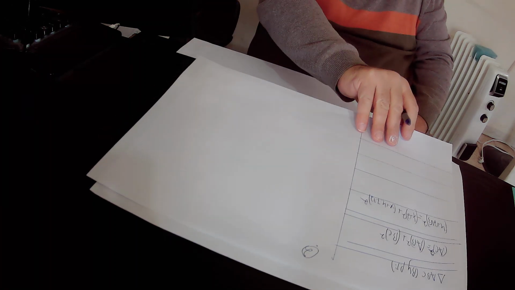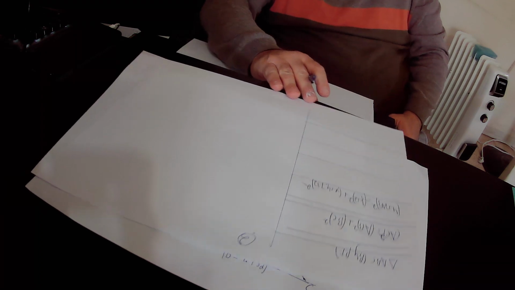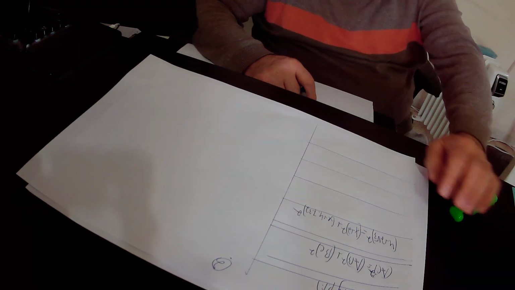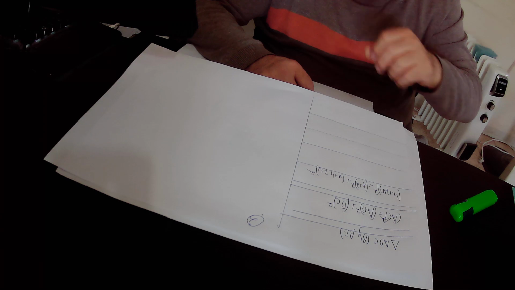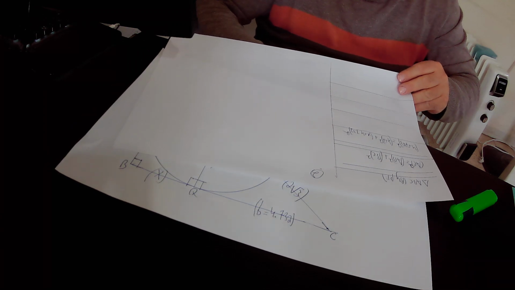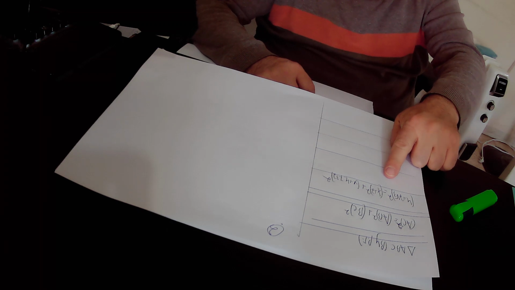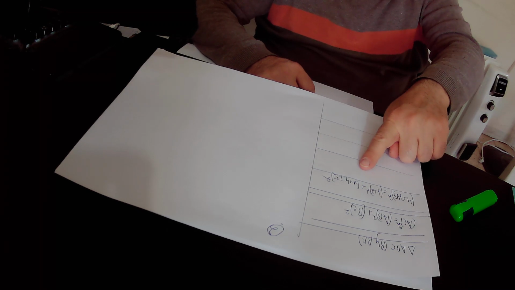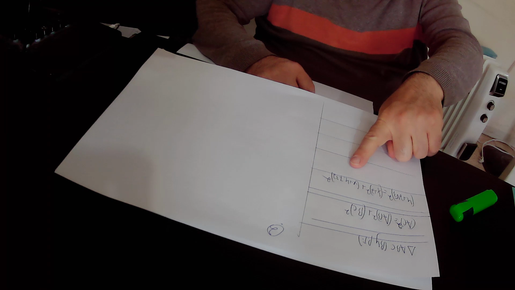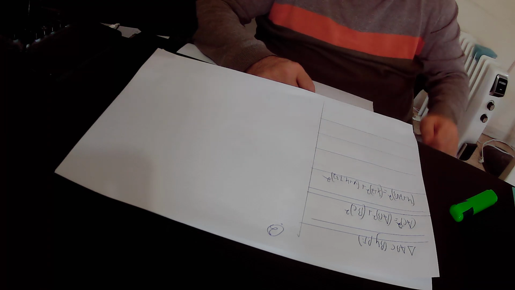In conclusion, according to the Pythagoras theorem, 4 plus 2 times square root of 3 squared equals x plus 2 squared plus x plus 4.732 squared.